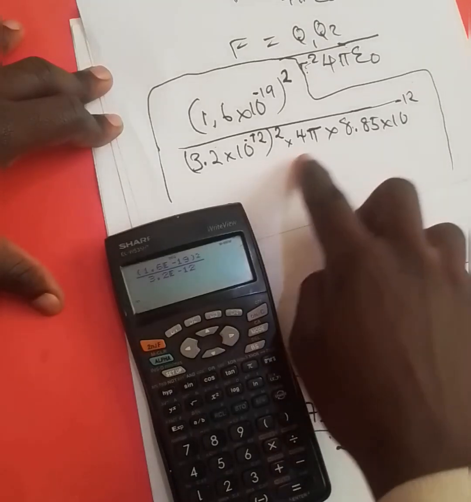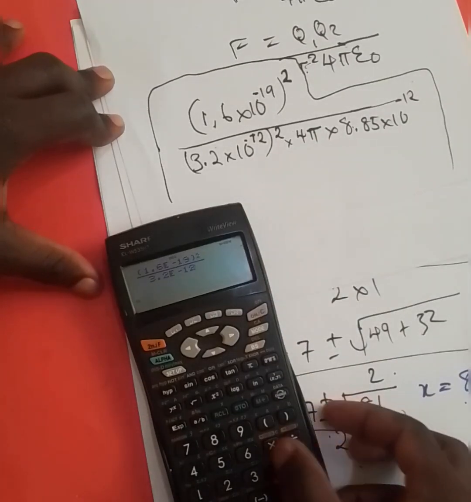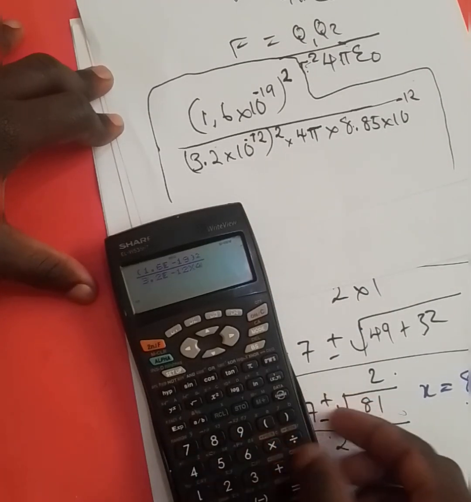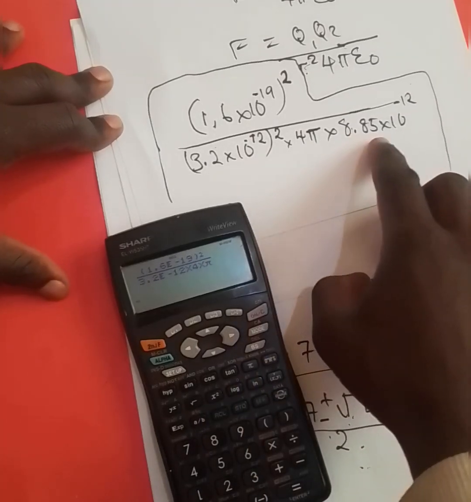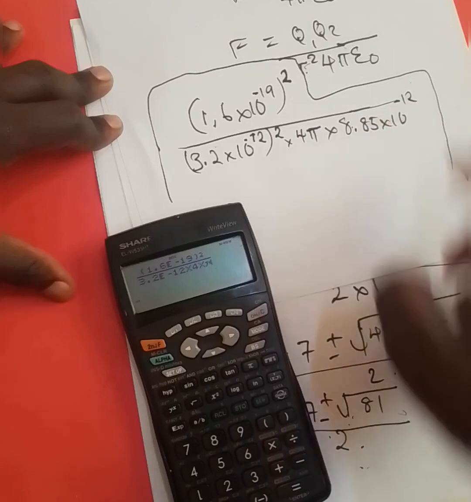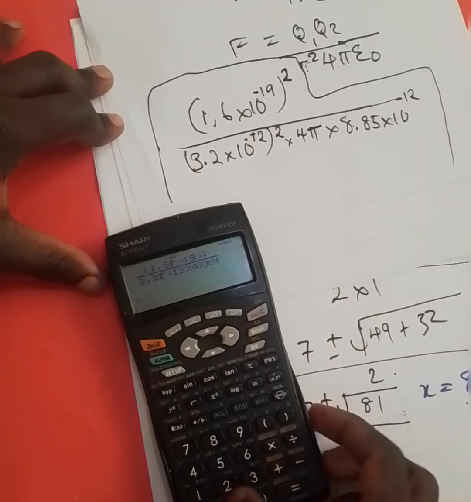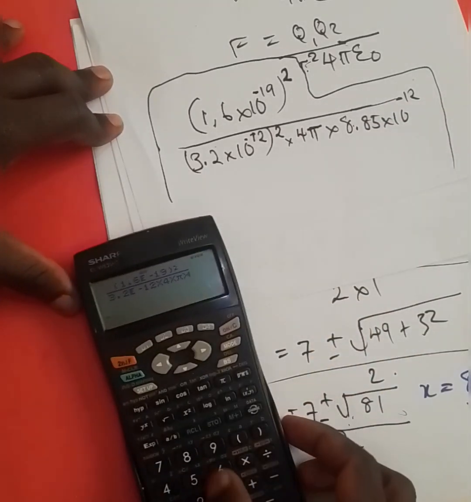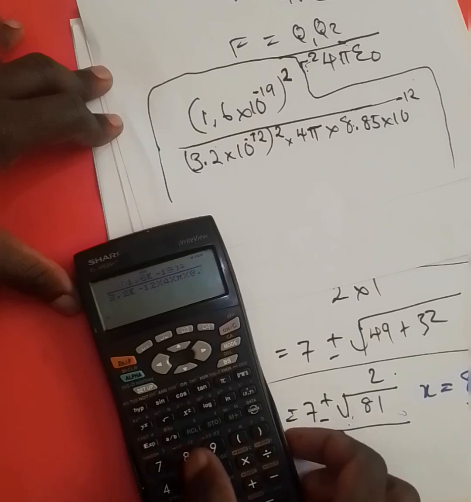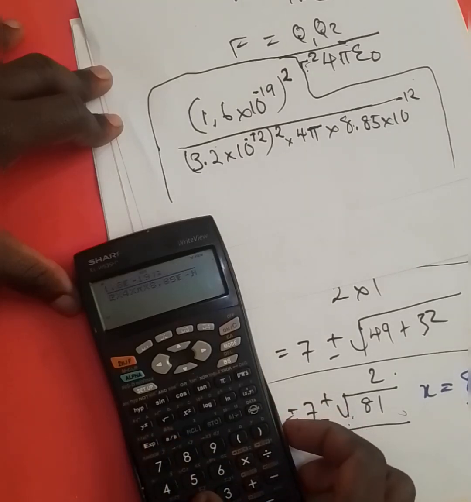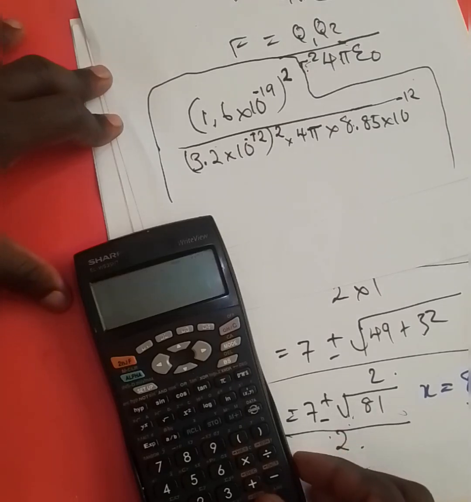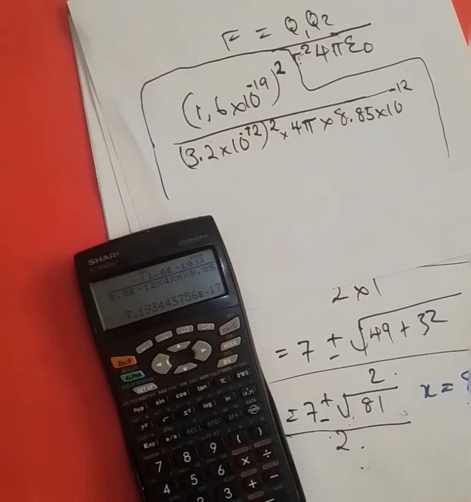Then times 4 times pi, then times 8.85 times 10 to the power negative 12, so 8.85 exponential negative 12. Then we're done, we say equals, and the calculator spits out an answer.